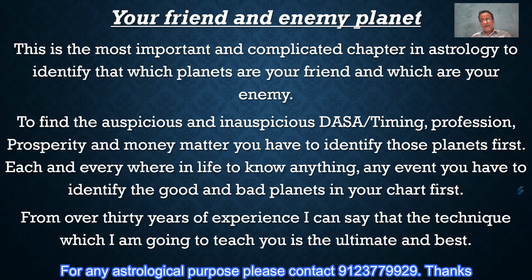Your auspicious and inauspicious planets in your chart. To find the auspicious and inauspicious dosha timing, profession, prosperity, and money matter, you have to identify those planets first. Each and everywhere in life, to know any event, you have to identify the auspicious or inauspicious planets in your chart first.